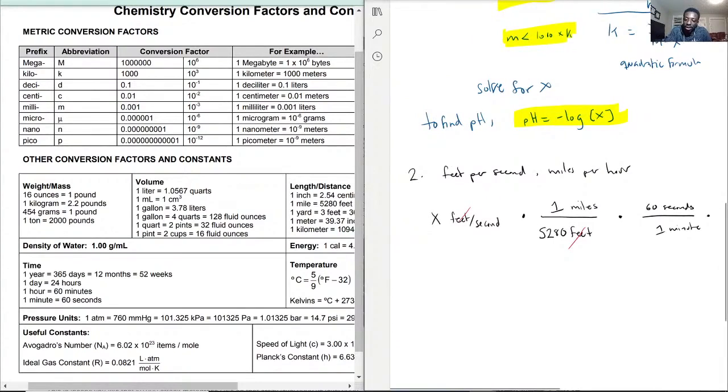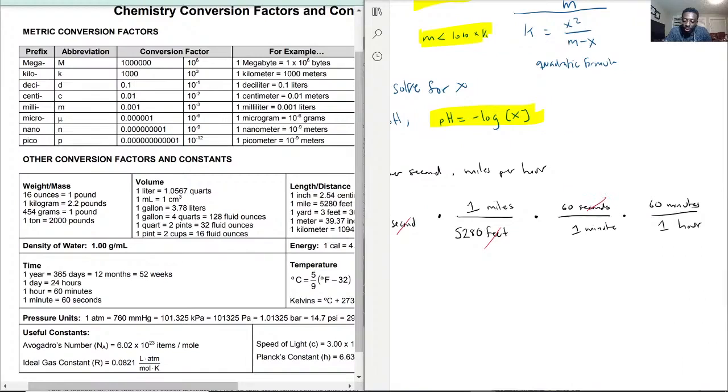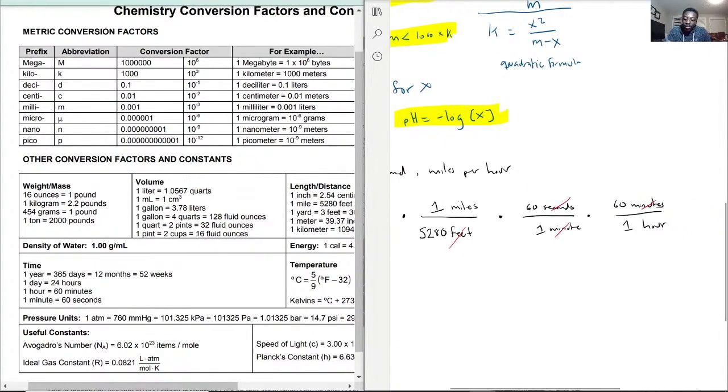Okay, now let's see how they cross out. Second denominator here, second numerator there, minute denominator here, minute numerator here. So now we have 1 mile, 1 hour, so those are the only units we have left.